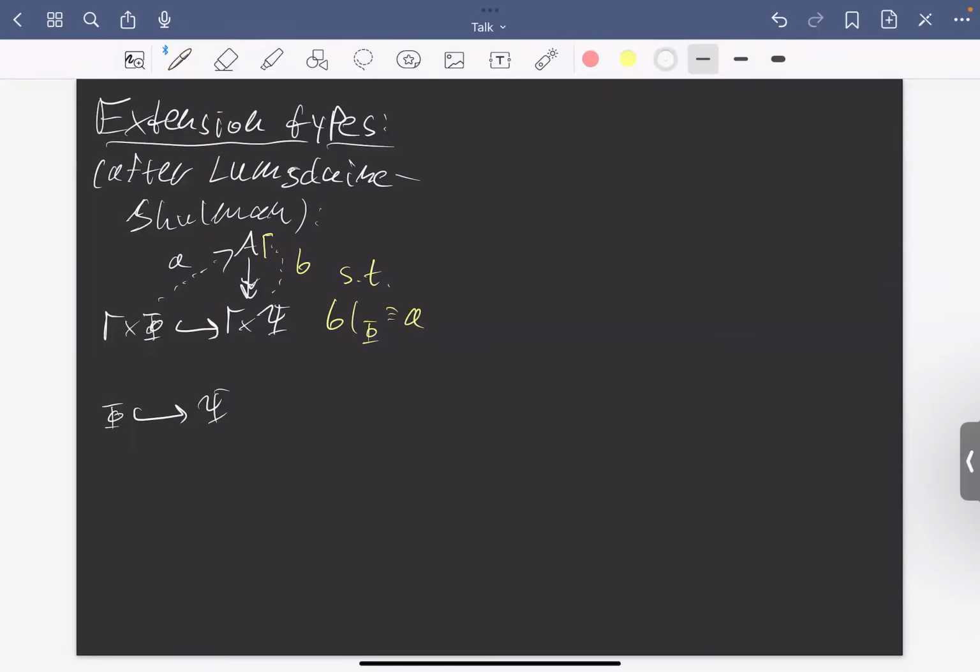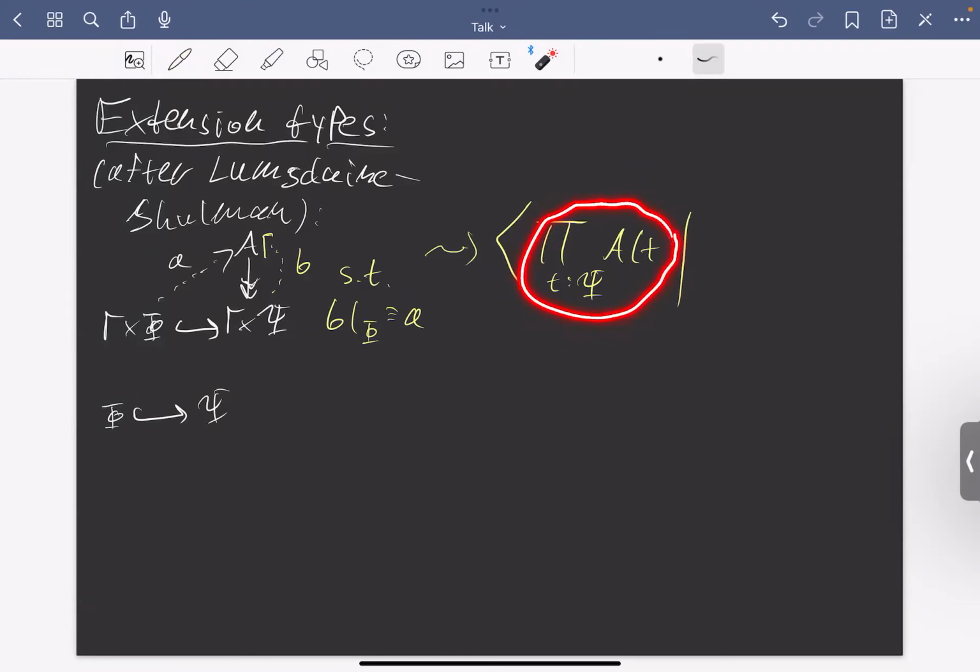And this assembles into a new type called the extension type. Maybe some words about the notation. It's written in this notation here, where this part just indicates that it's some element of this type.